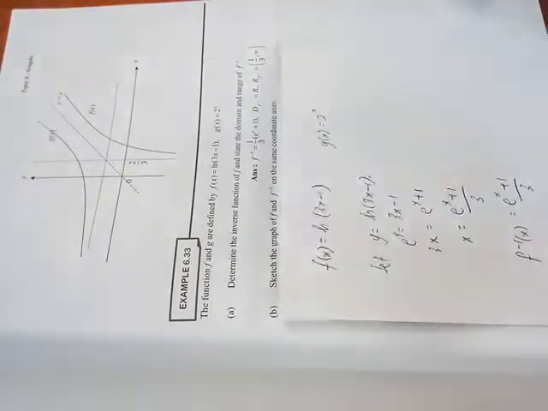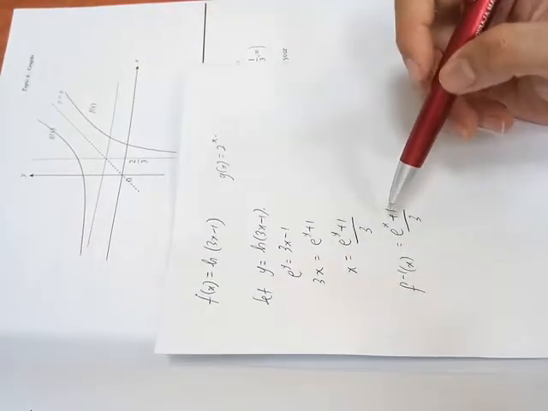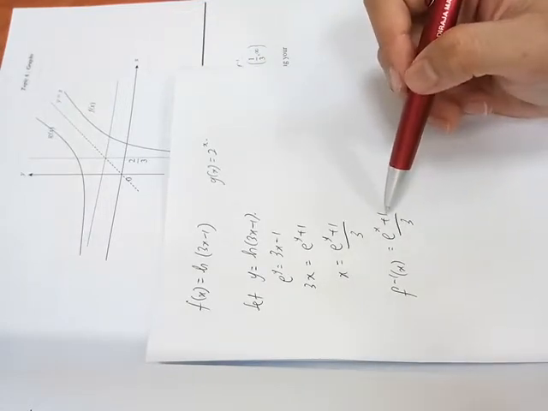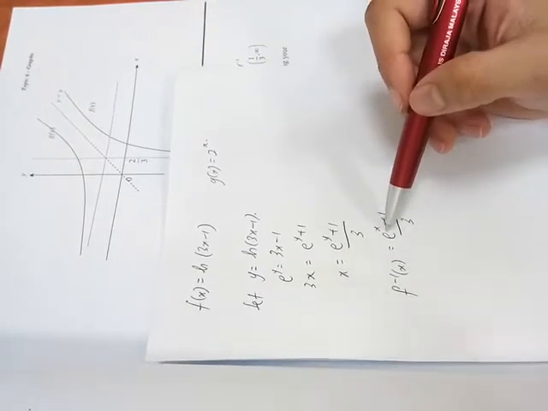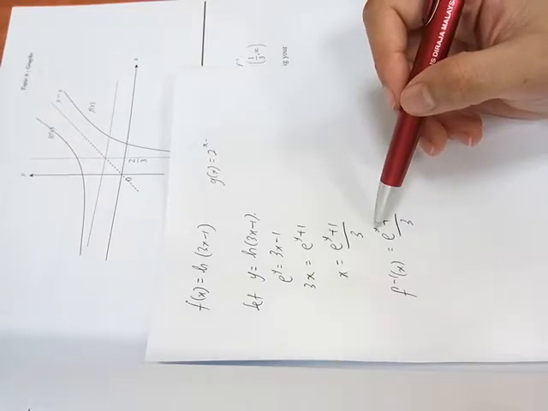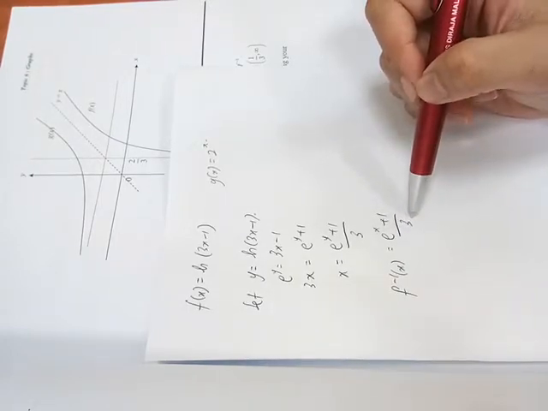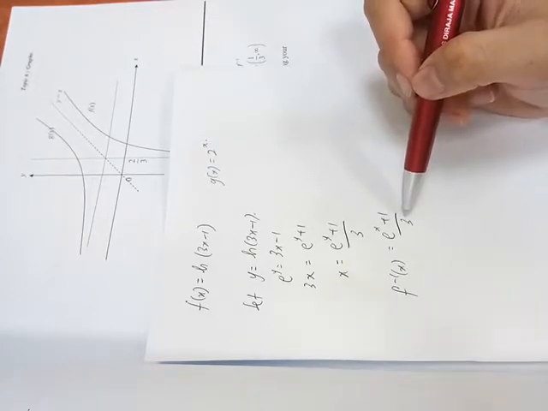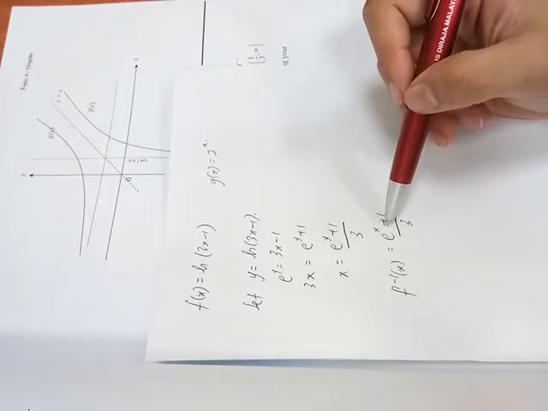Okay, now we need to find the domain and range of f inverse. So basically you need to imagine the graph of the exponential function. Why did I say this is an exponential function? Because we have x in the index and the denominator here is only a number, not including the variable. So we don't see this as a rational function, but as an exponential function.